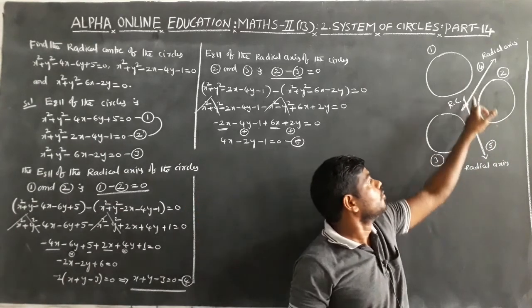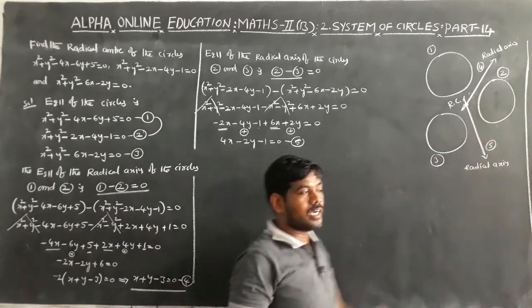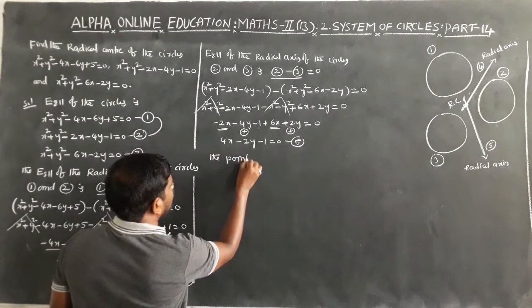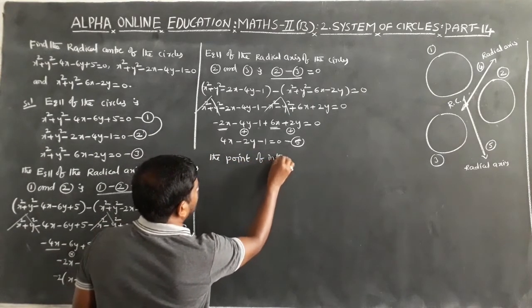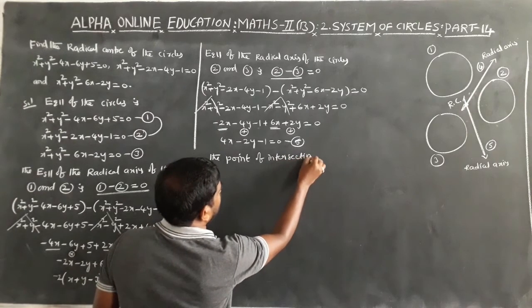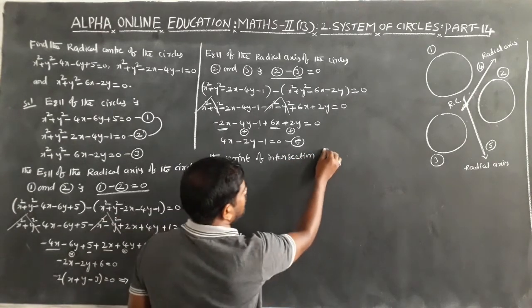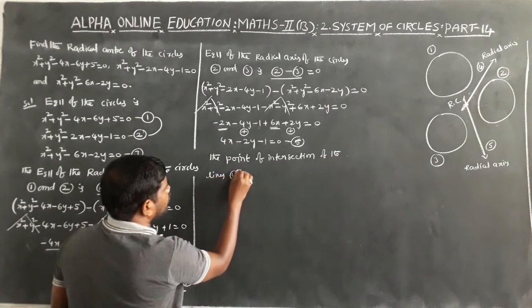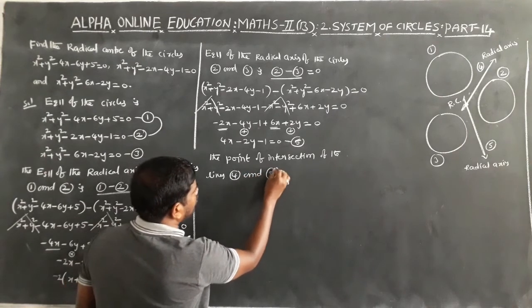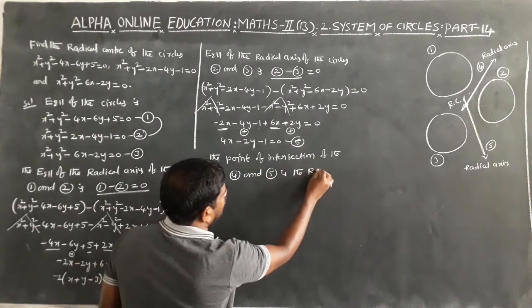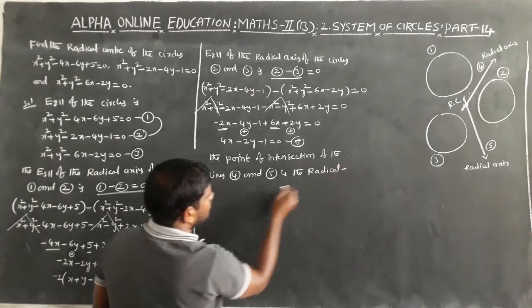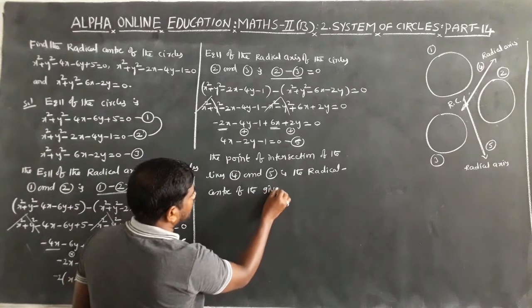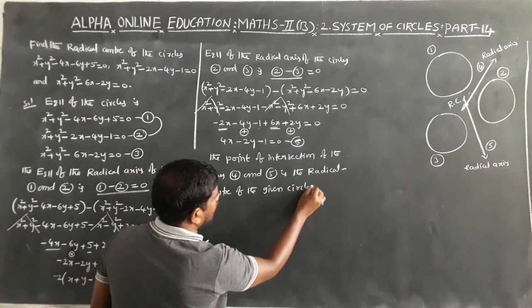Here, solving 4 and 5. The point of intersection of the lines 4 and 5 is the radical center of the given circles.